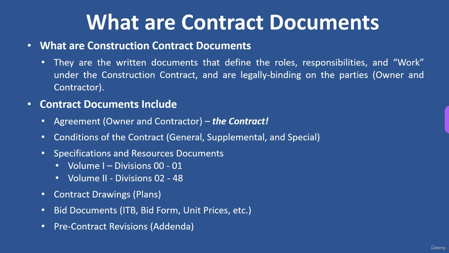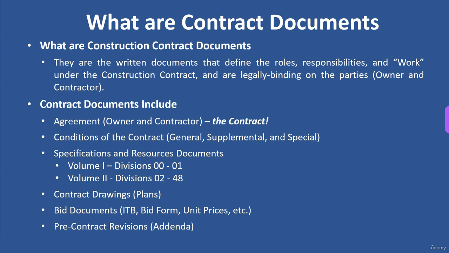There's the agreement, which is basically the contract between the owner and the contractor. Then you have conditions of the contract, which are typically general conditions, supplemental conditions, and special conditions. Then you'll have your project specifications, which are usually broken into two divisions, or two volumes, I should say.